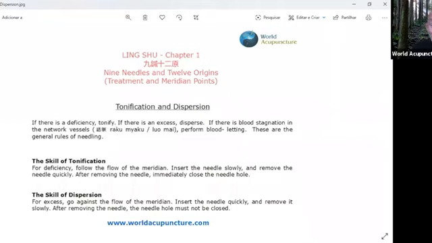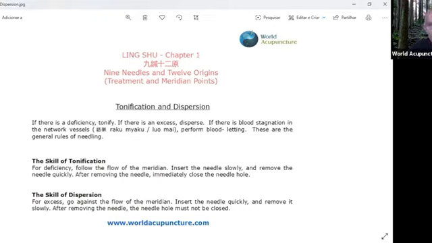If there is excess and we're looking to disperse, rarely will we disperse a yin meridian. It does happen, but primarily we'll disperse the yang meridians. For instance, if a person has a high fever, and there's an enormous amount of heat in the yang ming or the shao-yang meridians, this is where we can actually disperse.